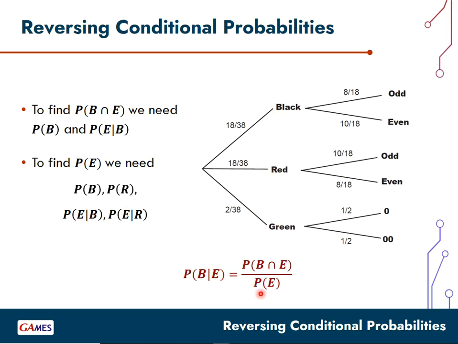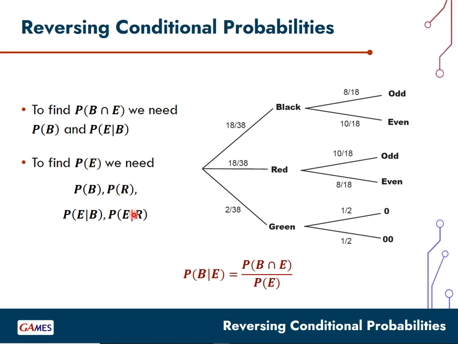So for P of E, we're considering P of B, P of R, P of E given B, and P of E given R. What we're really looking for is probability of black given even. Normally red doesn't even come into the picture. So how come red is coming here now?